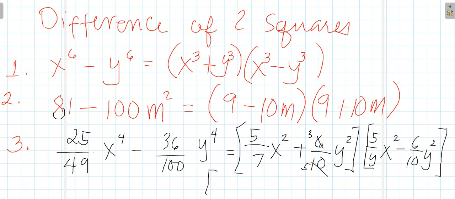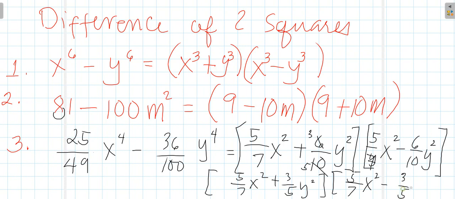So we have now the final answer: 5 over 7 x squared plus 3 over 5 y squared, times 5 over 7 x squared minus 3 over 5 y squared. Okay, so that's the final answer.